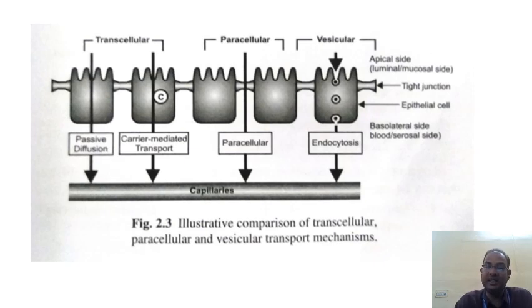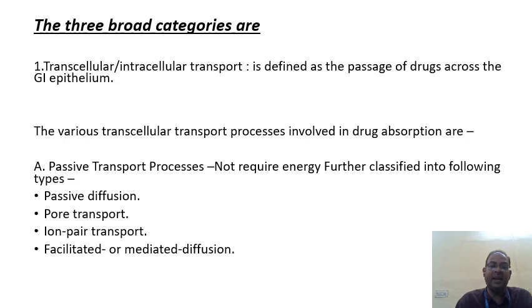The third one: if the drug travels by folding the membrane and traveling across the cell cytoplasm without coming in contact with the cytoplasm, this is called vesicular transport. So there are three mechanisms involved.